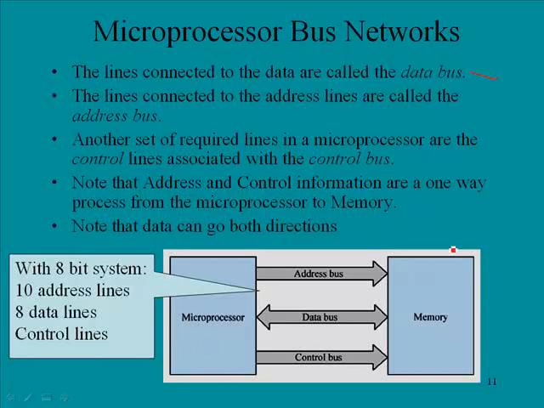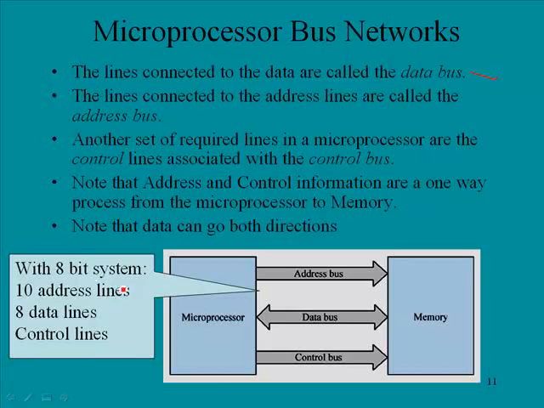The microprocessor sends the address, sends the controls, and note that the data can go either way. So if this is a read operation, the microprocessor tells the control, I want to read, and so information comes from memory to the microprocessor. And if it is writing, okay, the information has been developed in the processor, and now we're writing that to memory, that would be a write operation. And just note, data can go both ways, but address and control one way only.